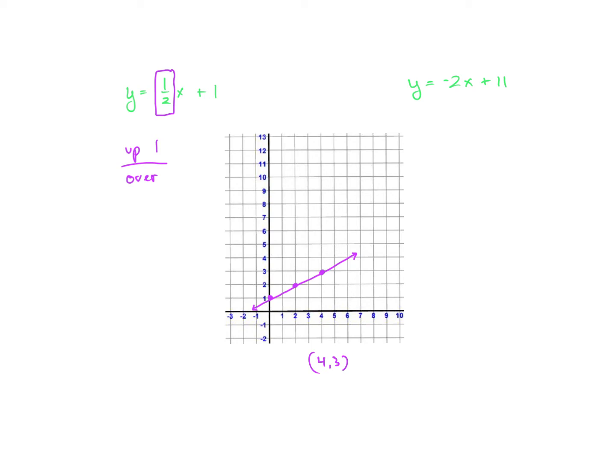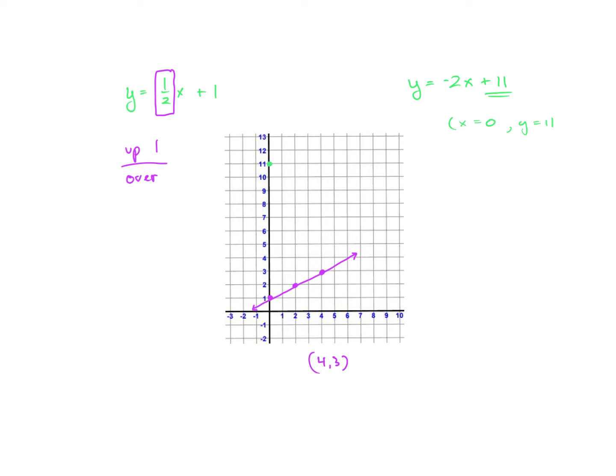Now we want to look at this other function on the right and see if there's any connection to the one on the left, although we did see some connection in the previous slide. We look at it the same way. When x is 0, my y is 11. That's my y-intercept, so I can graph that there.